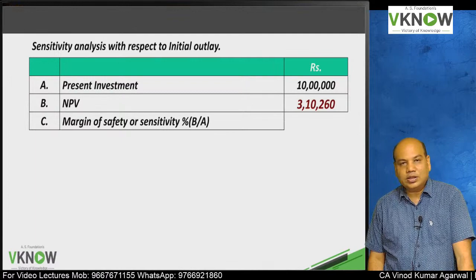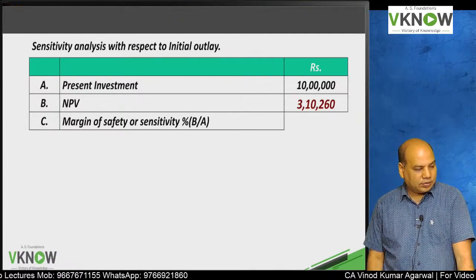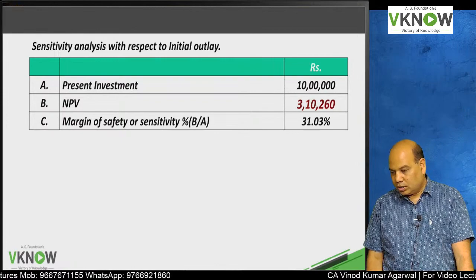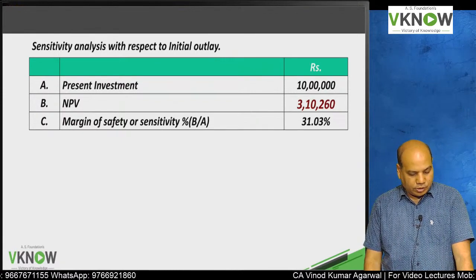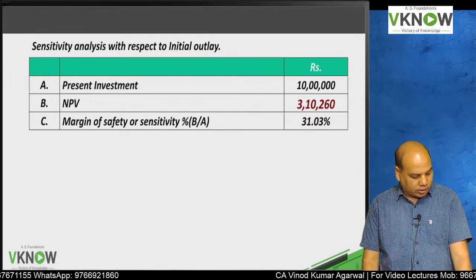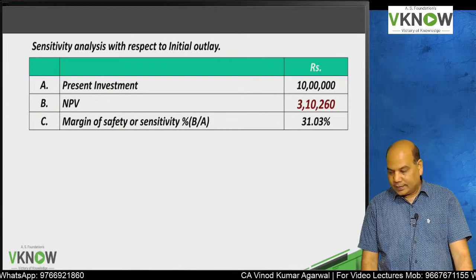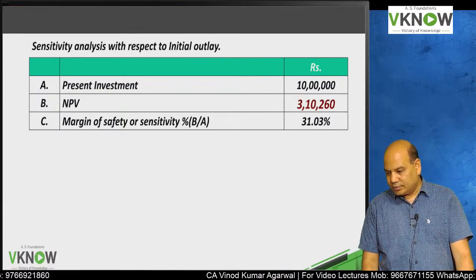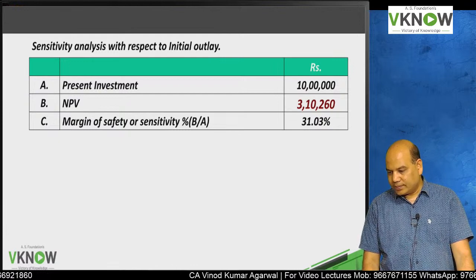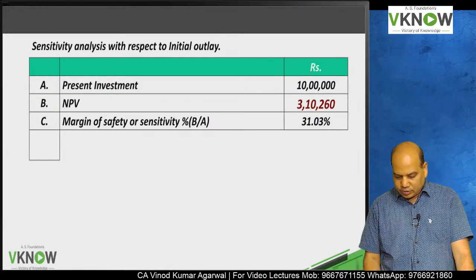NPV is 3,10,260. Initial investment is 10 lakh. Therefore, sensitivity percentage is approximately 31.03% with respect to initial outlay. Directly also you can write the equation NPV upon initial investment.